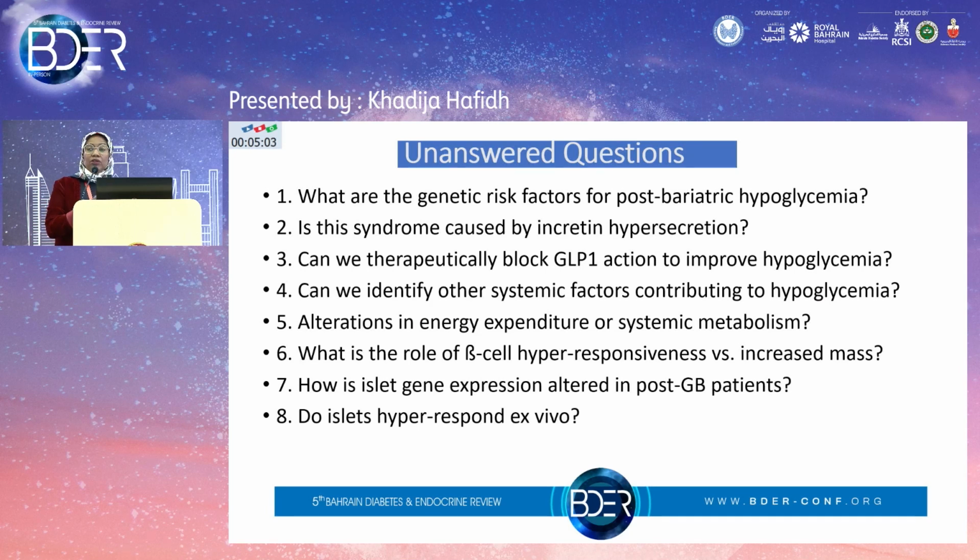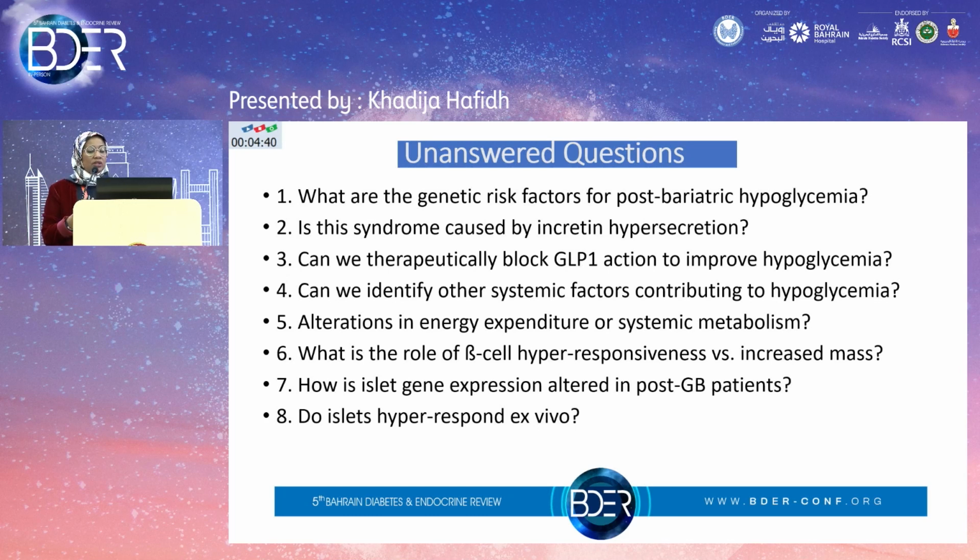So we have a lot of unanswered questions. Of course, it is an iatrogenic problem, but we don't know about the genetic risk factors for post-bariatric hypoglycemia. Is the syndrome caused primarily by just incretin hypersecretion? Can we therapeutically block the GLP-1 action to improve hypoglycemia?